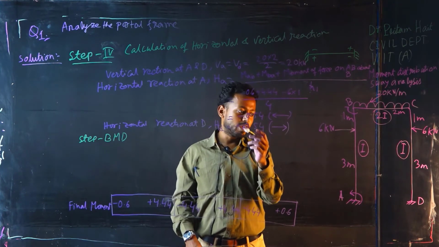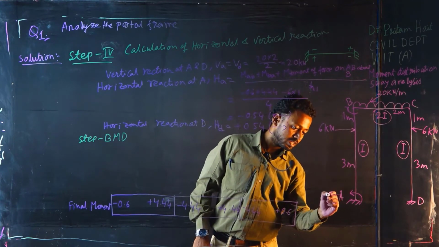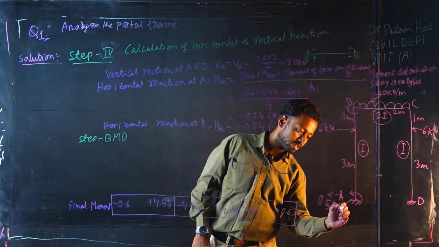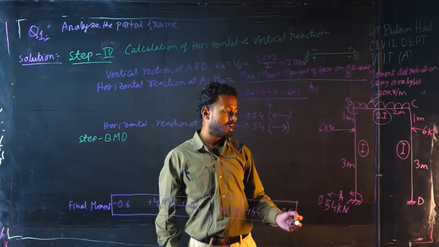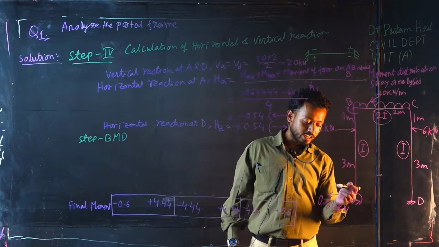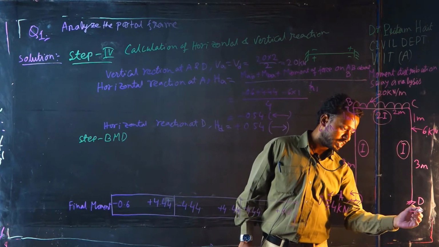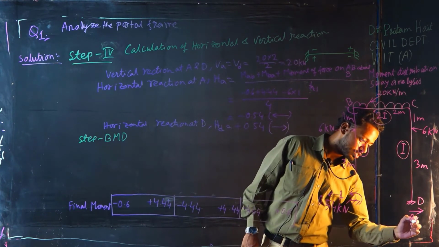Since it is minus, it will be in this direction, 0.54 kilonewton, right? Horizontal reaction at D will be how much? If it is acting in this direction, to be in equilibrium condition horizontally, it must be in this direction, and equal and opposite reaction should be there.